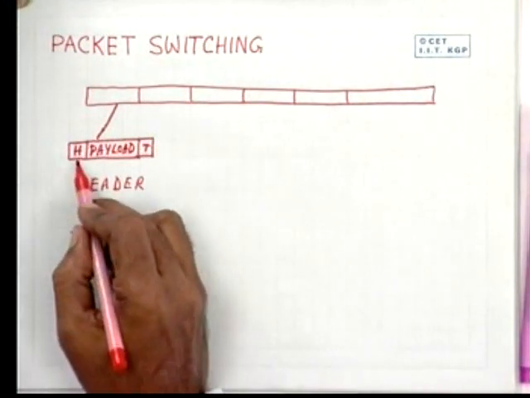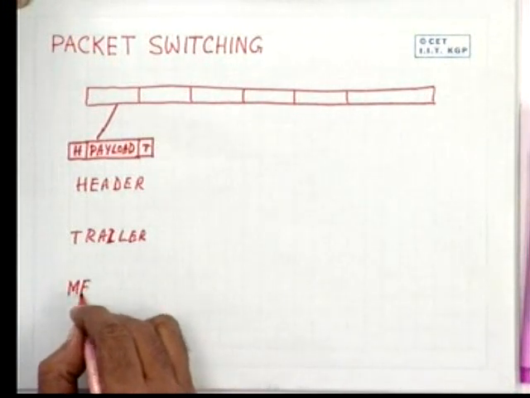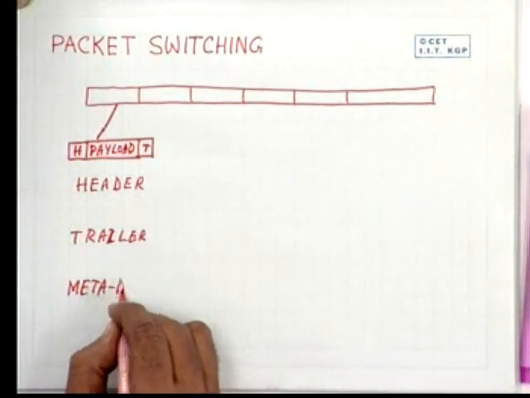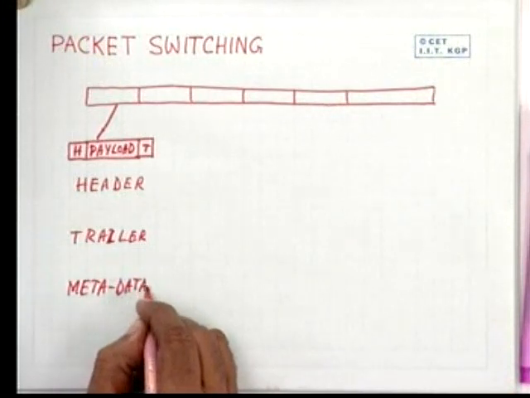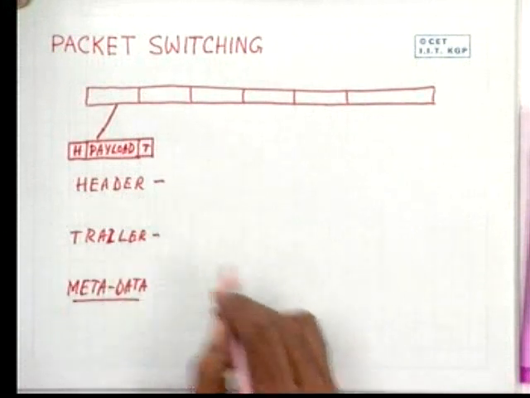On the other hand, header and trailer, which is called metadata, is added as additional information.